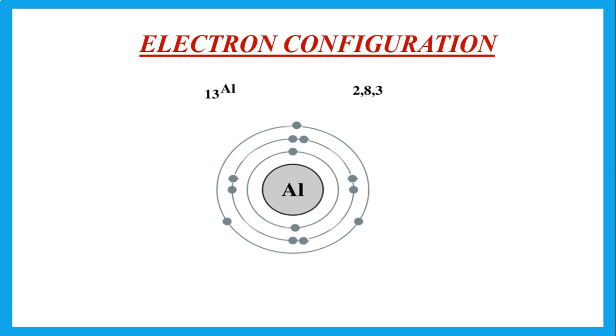So when we're distributing electrons, the first shell takes 2. Now, the second and the third, we're going to say they take up to 8. So I have a total of 13. I put 2 in the first shell, and then I can put a total of 8 in the second one. I still have 3 more. I put them into the next shell. So if he says draw the electron configuration, this is how you draw it with circles around the nucleus. But if he says write the electron configuration, we just write it 2, 8, 3.